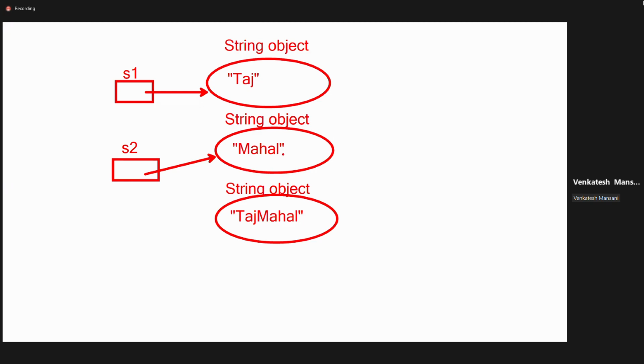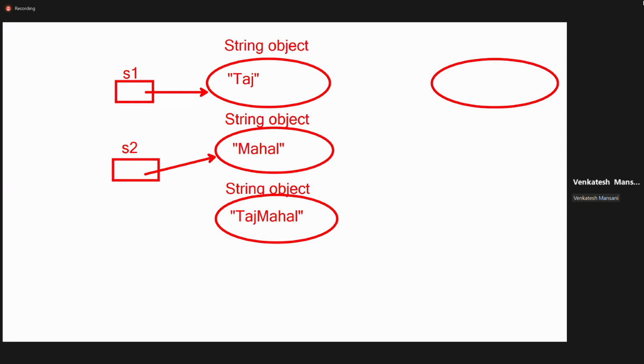Taj and Mahal are concatenated and stored in another String object. When you print s1, Taj is printed. When you print s2, Mahal is printed, because of immutability.